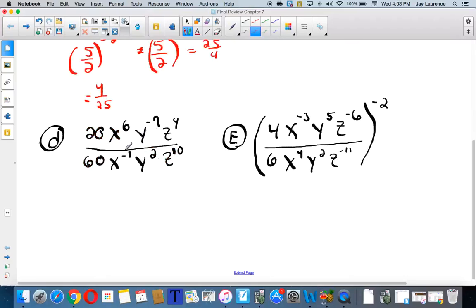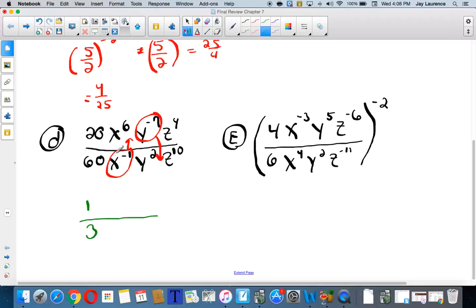So this x to the negative first here on problem D is going to move to the numerator. The y to the negative second is going to move to the denominator, negative seventh, excuse me, and these are just going to simplify. So let me try simplifying here. So let's see, 20 60ths is going to simplify to 1/3, I believe, right?